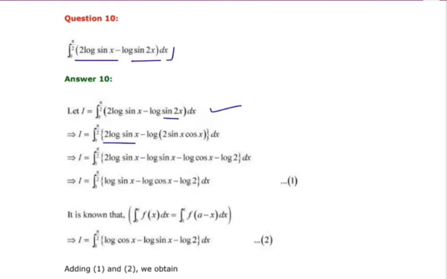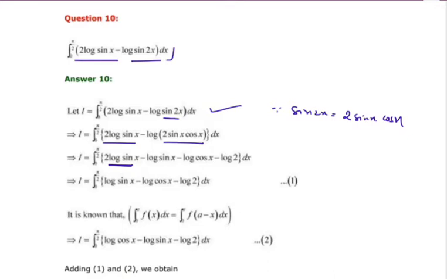sin 2x can be written as 2 sin x into cos x, right? So now I, as it is, from 0 to pi by 2, 2 log sin x minus log of 2 sin x cos x.